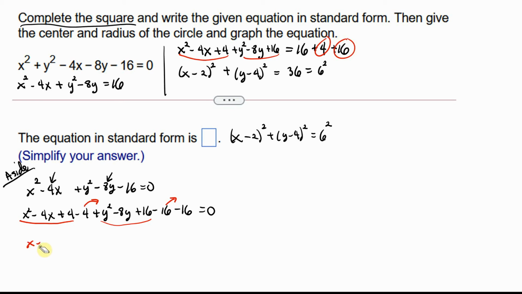So this is x minus 2 squared plus y minus 4 squared. And then I'm going to take this term and that term to the other side. So this becomes equal to 4 plus 16 plus 16.